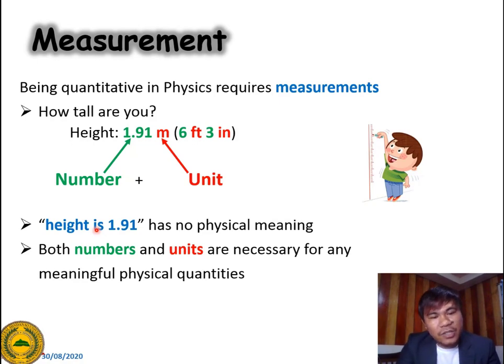No one can understand you, because 1.91 is what? You need to accompany that number with a unit. A number plus a unit, in this case meters, gives meaning to the physical quantity we call height. So when you say my height is 1.91 meters, that completes the message of your physical quantity.